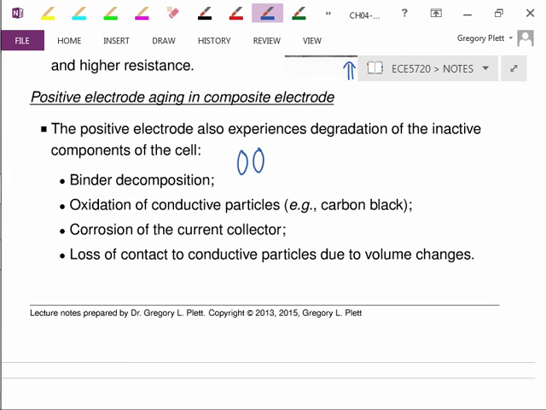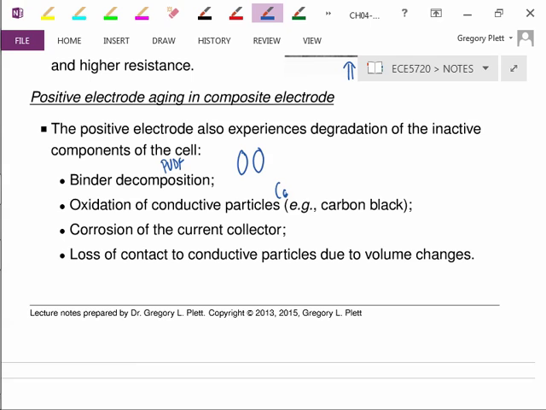There can be oxidation or chemical reactions of the conductive particles. So this is the chemical binder like PVDF, and this is like the carbon black, which is C6 ground up really fine and thrown in as a surface coating of the positive electrode to make it more electronically conductive.